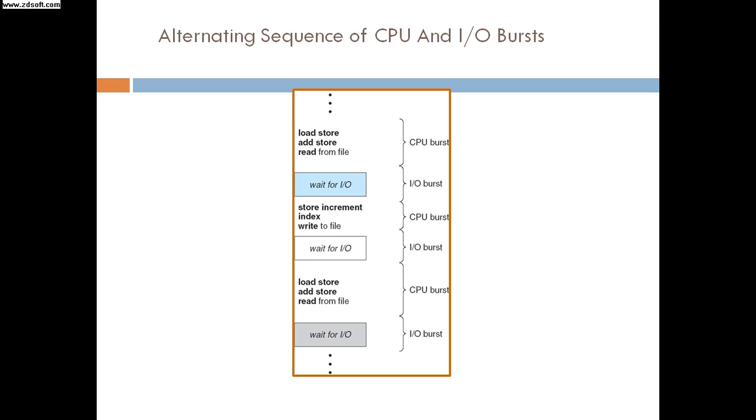Initially, it starts with a CPU burst. Whenever a wait event or IO happens, it enters the IO burst. Most of the time, the computation is done in the CPU burst, and the input-output request or wait event happens in the IO burst time. And finally, it ends with a CPU burst.